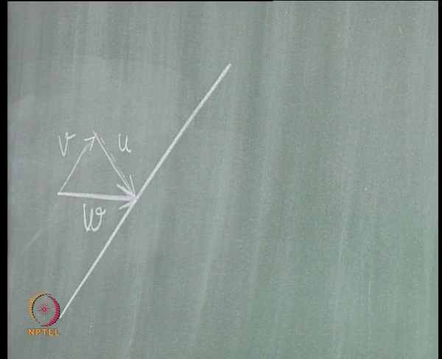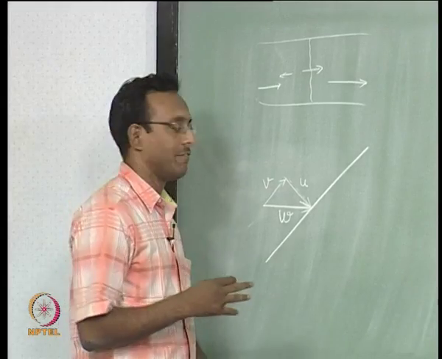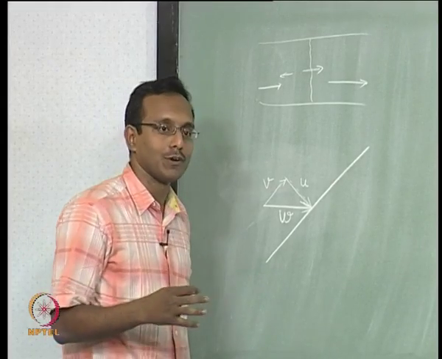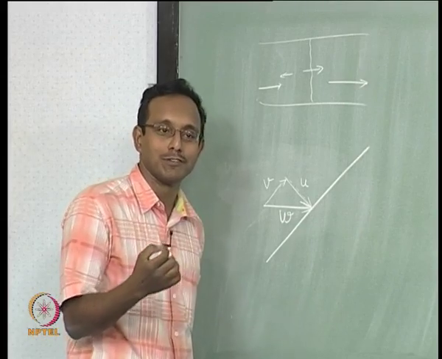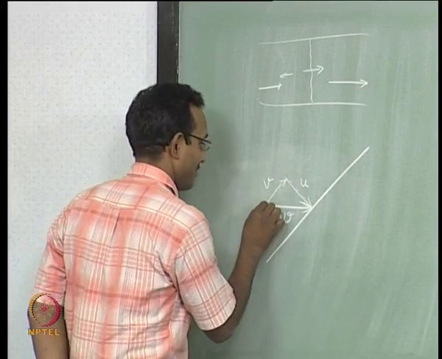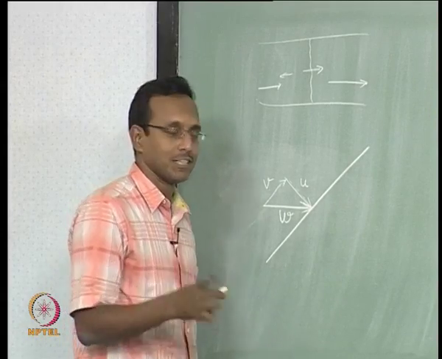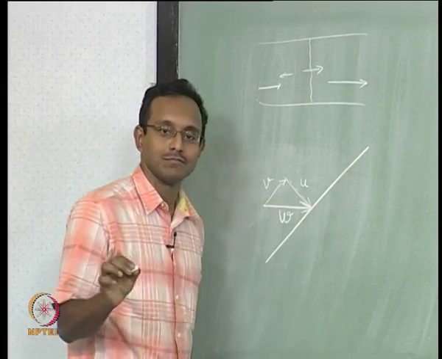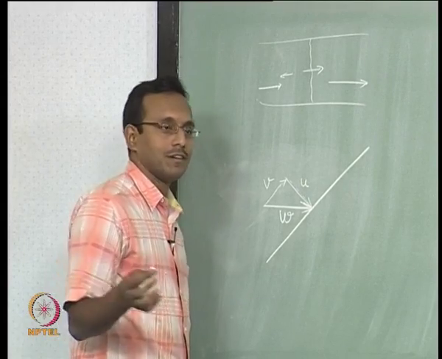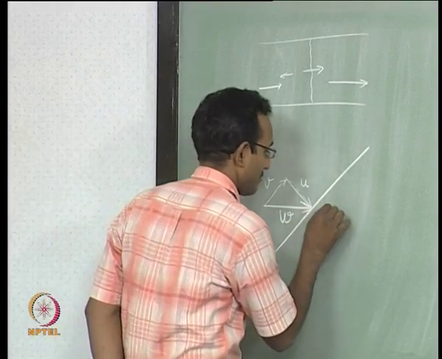And now I have to tell something more about this wave. If a wave is traveling at speed of sound or almost equal to speed of sound in a flow which has a velocity direction like this, what will be its angle with respect to this velocity vector? What should it be? It should be same as your Mach angle.